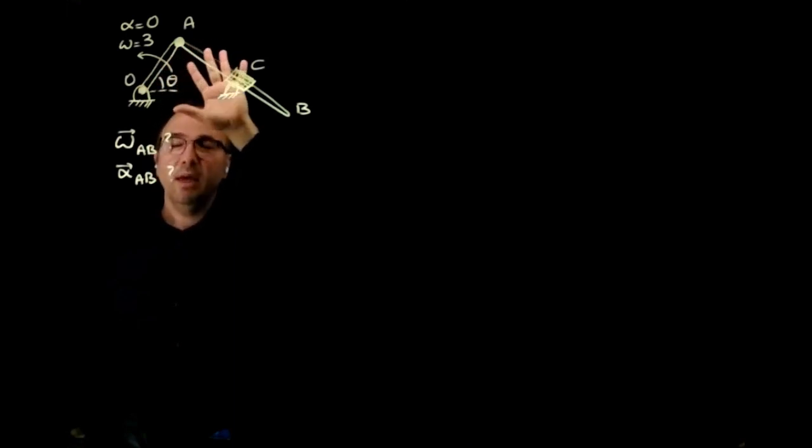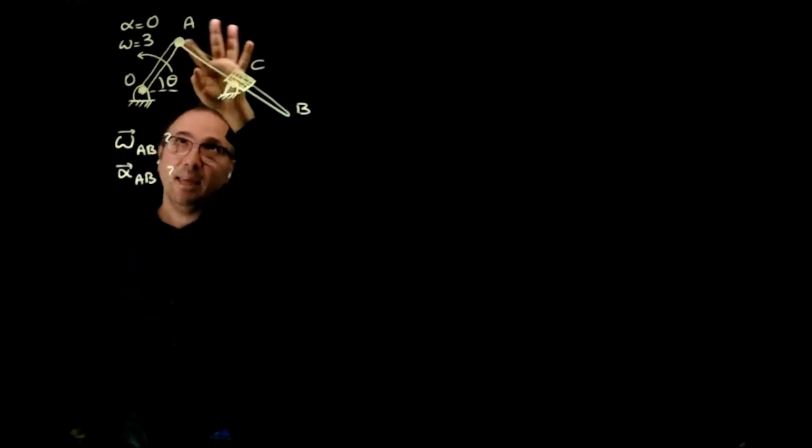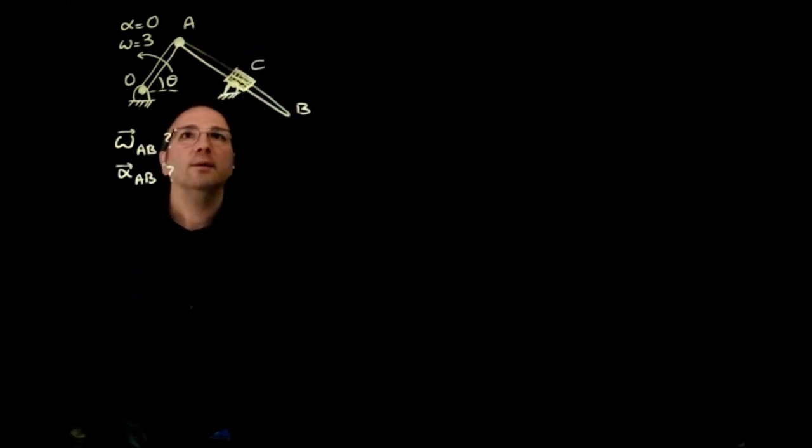So this is the point that we can jump from one rigid body to the other one. If we solve one of the rigid bodies, in terms of the angular acceleration, angular velocity, and everything, then we can find velocity and acceleration of point A, and that A is on this rigid body as well. So we can use that fact.